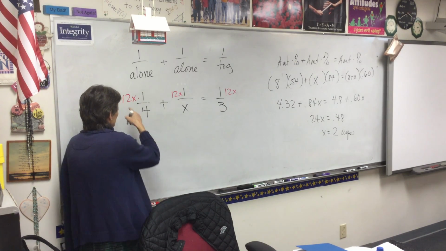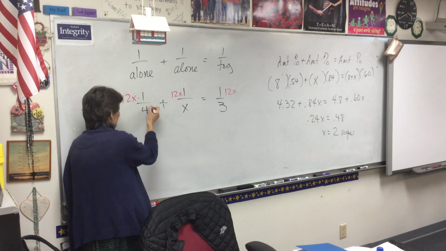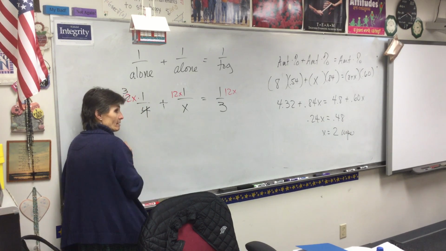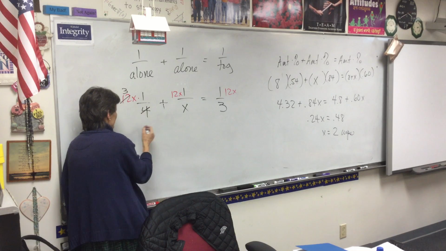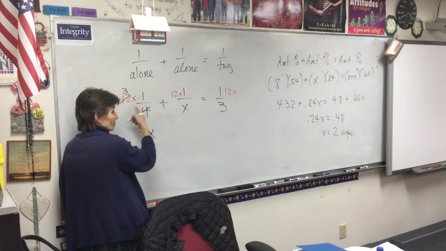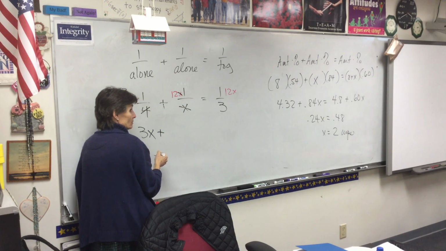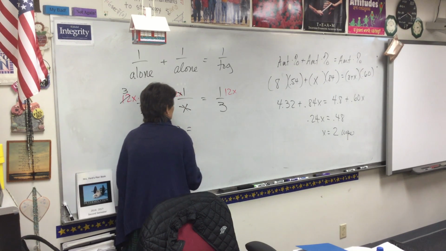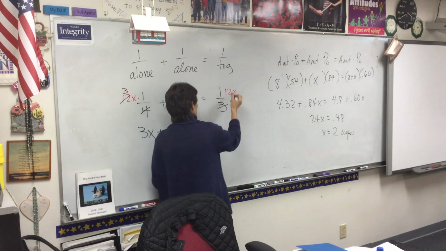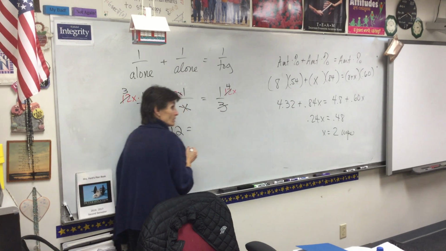Now, 12/4 is going to cancel and make a 3, so I have 3x. The x's are going to cancel, plus 12. 3 goes into 12 and makes 4.